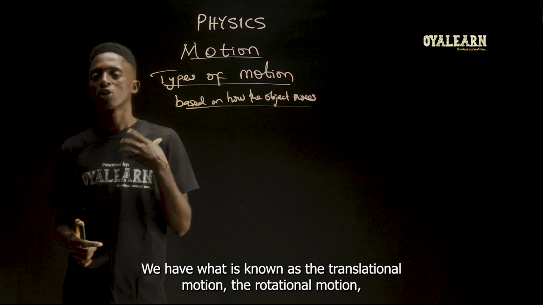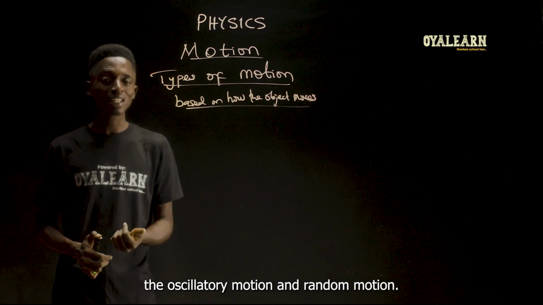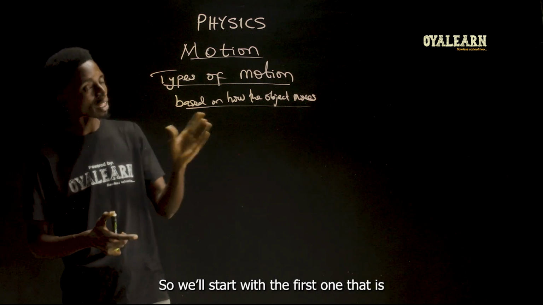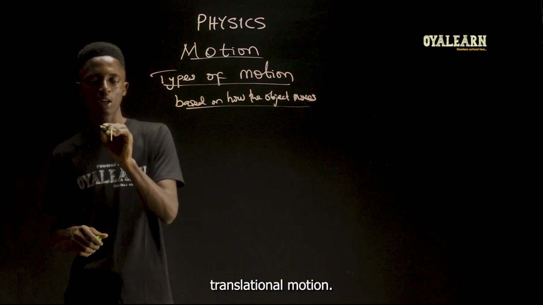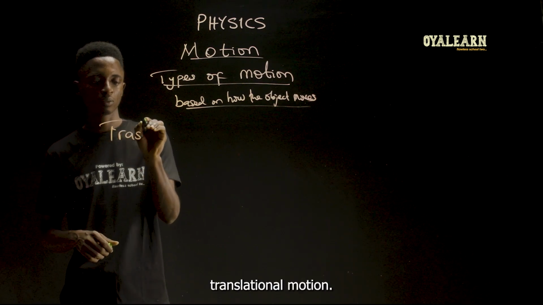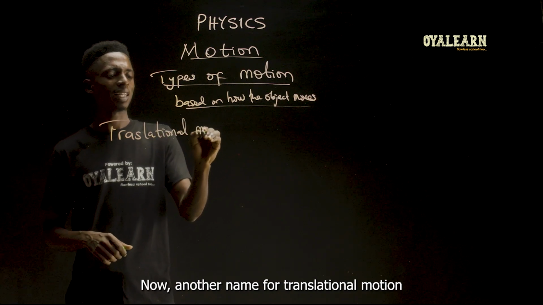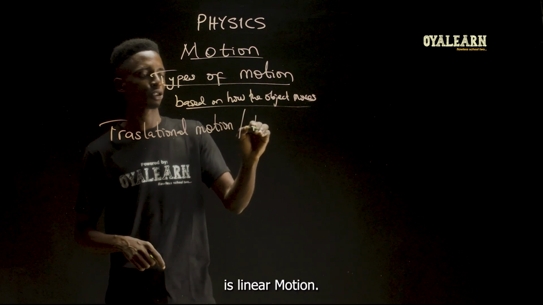Okay, now in this category, or in this class of types of motion, we have 4 different types there. We have what is known as the translational motion, the rotational motion, the oscillatory motion, and random motion. So we'll start with the first one, that is translational motion. Now, another name for translational motion is linear motion.